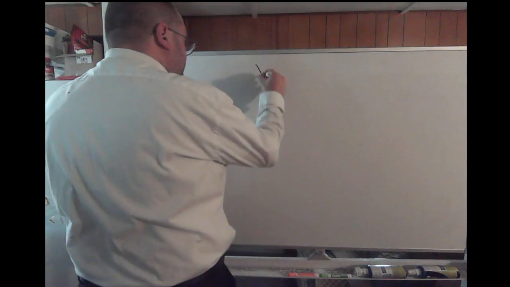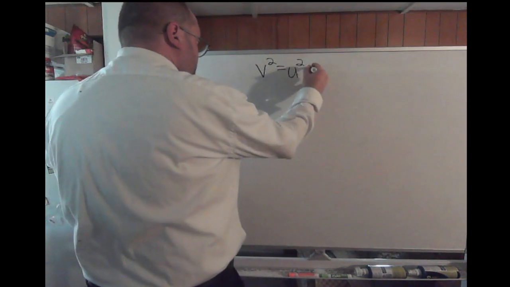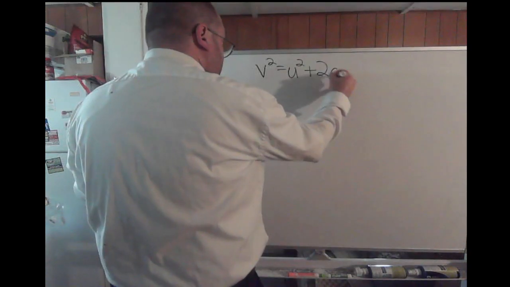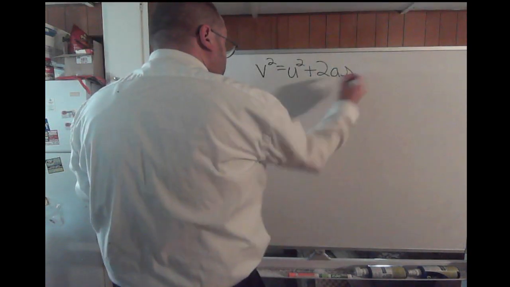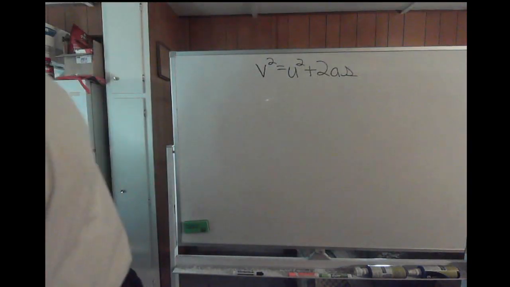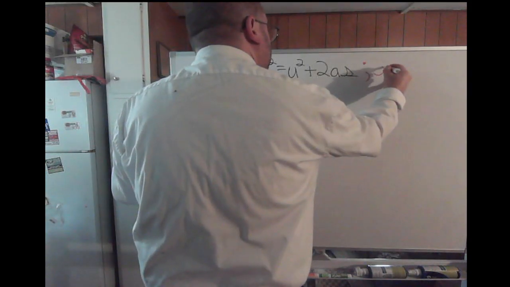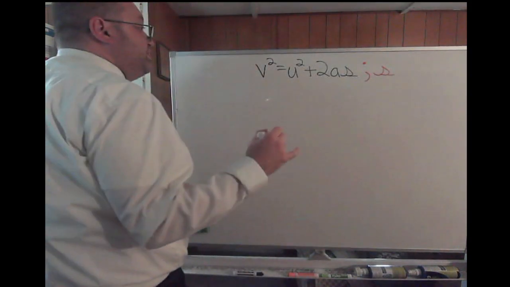Alright, let's see. We have v squared equals u squared plus 2as, solve for s. We want to solve for s.